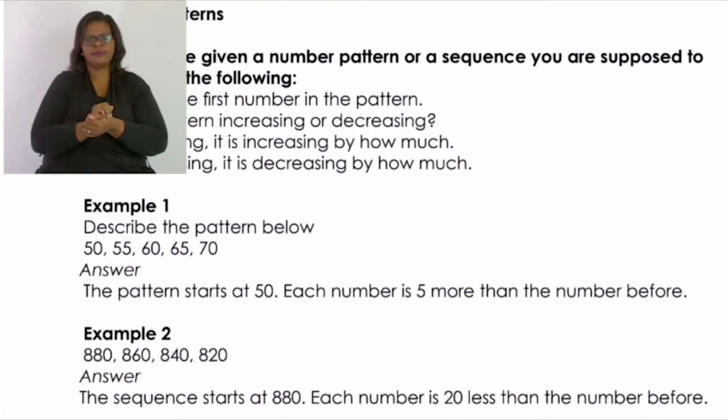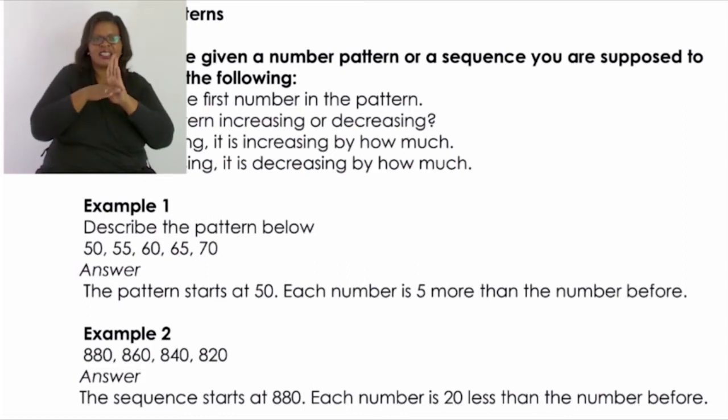Then you are supposed to study the pattern to see whether it is increasing or decreasing. If it is increasing, you are supposed to take note of the number by which it is increasing. The same applies when it is decreasing. You are supposed to see by how much it is decreasing.